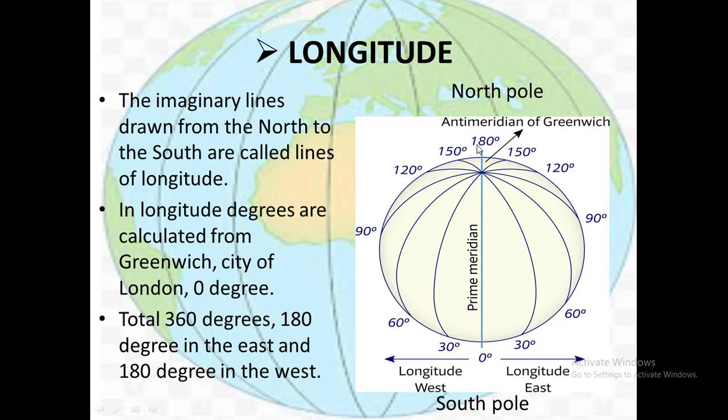These are called lines of longitude. In longitude, degrees are calculated from Greenwich, city of London, 0 degree, as I have told you earlier. Again, total 360 degrees, 180 in the east of longitude and 180 degrees in the west of longitude.